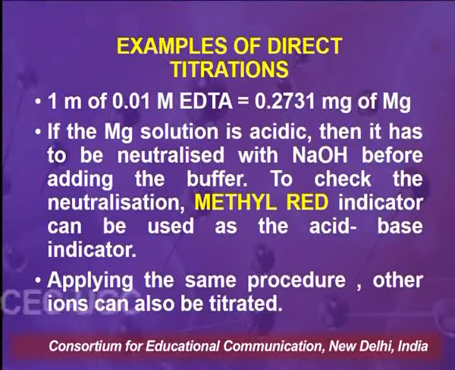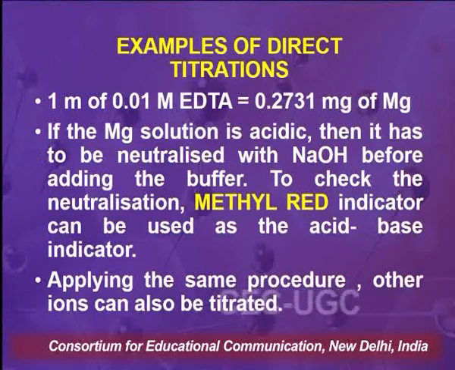So if the magnesium solution is acidic, then it has to be neutralized first with sodium hydroxide before adding the buffer. Although the buffer is alkaline, that buffer is not sufficient to neutralize the acidic magnesium solution. So NaOH needs to be first added to neutralize the solution.